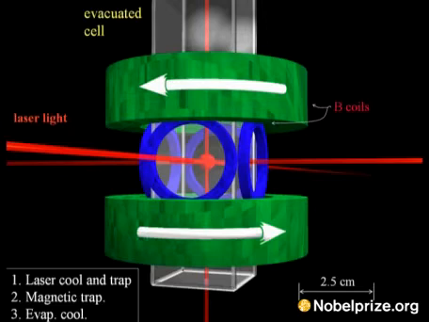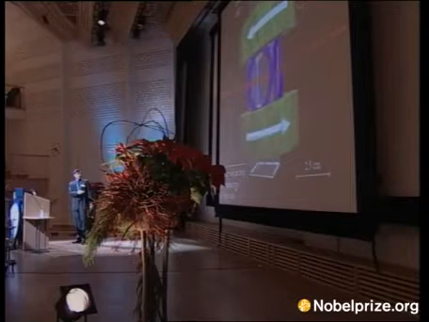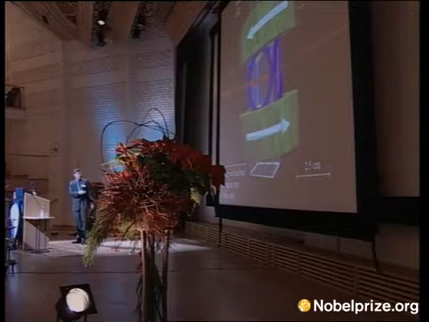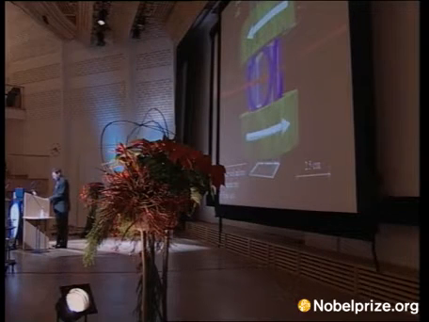You send laser beams into this cell, the red things, and the green and the blue here are just coils of wire for making magnetic fields. And so the technique that we use, and I'll talk about it in detail, is this three-stage process of laser cooling and trapping, magnetic trapping, and then evaporative cooling.